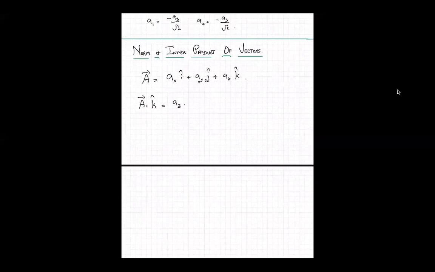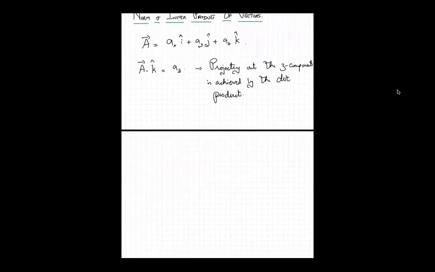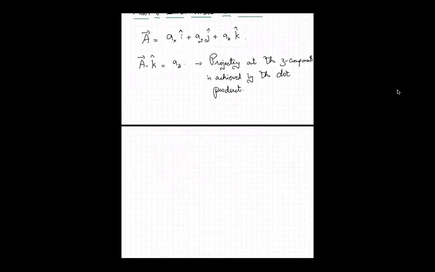So this act of projecting out the z component is achieved by the dot product. The dot product of two vectors in general gives you the component of the second vector along the first vector.